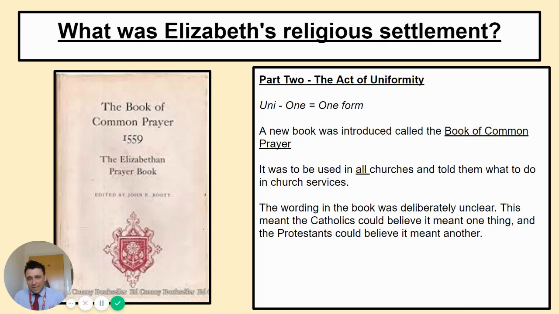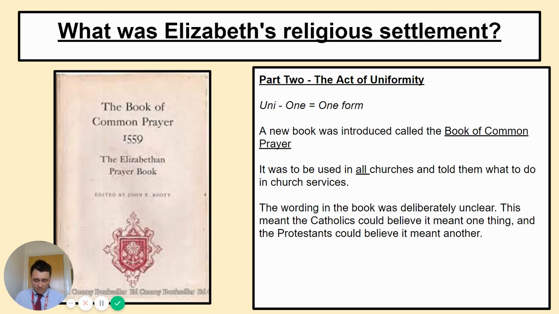But Elizabeth was very clever because the wording in the book was deliberately unclear. That meant that Catholics sitting in the church could understand the words one way, and they would be happy with this. They would say, actually, this is like it is in our Catholic religion. And the Protestants could read exactly the same book, exactly the same words, and they would understand things a different way.